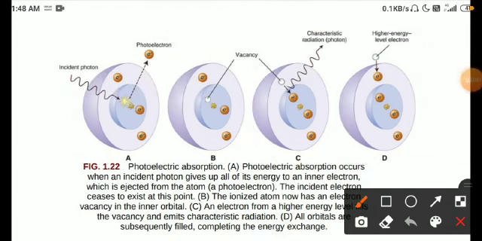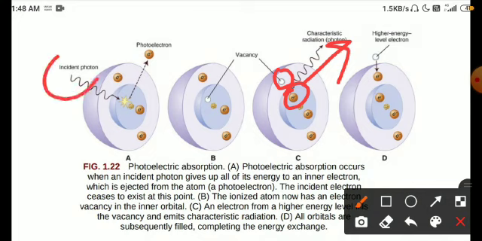All the orbits are subsequently filled, completing the energy exchange, and the characteristic radiation is released, which is the difference in their binding energy. So in photoelectric absorption, the absorption of the whole photon occurs and only the ejection of an electron is there.